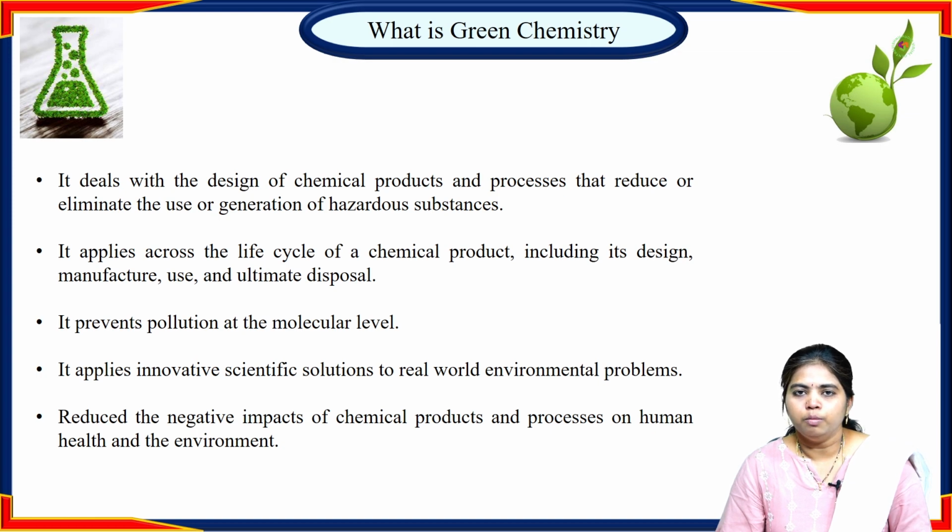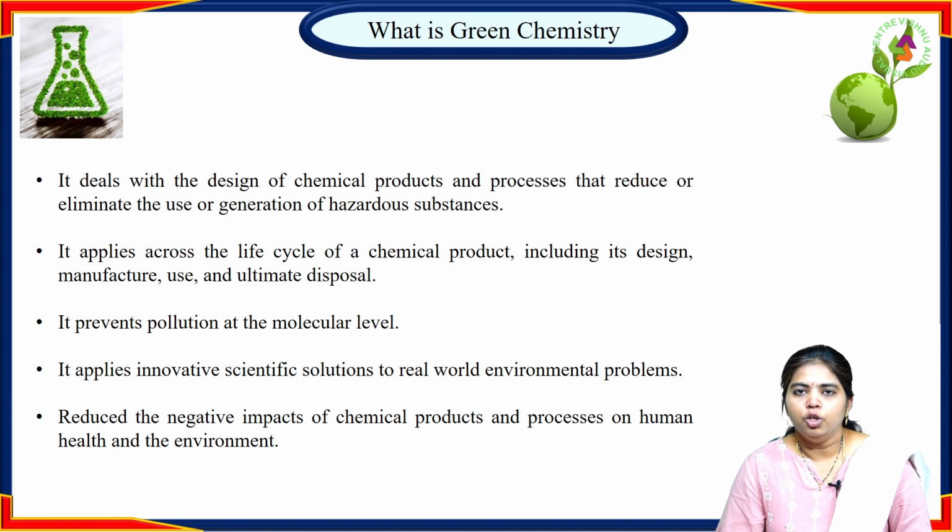If you consider a product life cycle, from the raw material selection, process and manufacturing, usage and ultimate disposal are considered. So at every stage of product formation, and after its usage and ultimate disposal, we try to apply green chemistry, and it also prevents pollution at a molecular level.